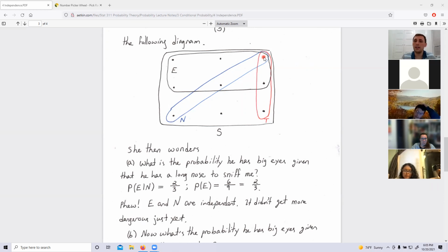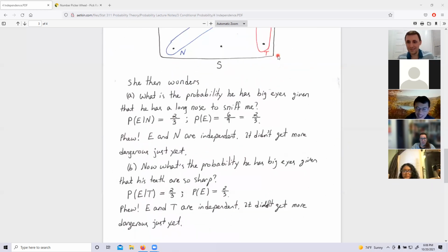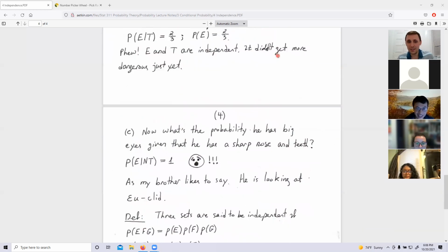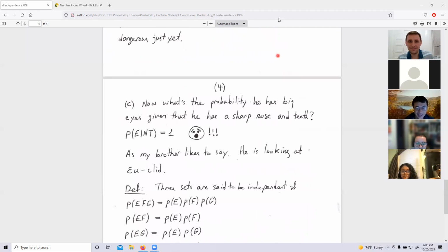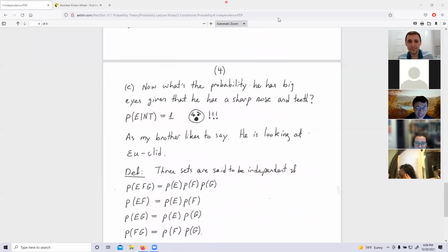So you understand what's happening here? E is independent of N, E is independent of T, but when you take the intersection of all of them together, you get the wolf. Yes, Nicholas.